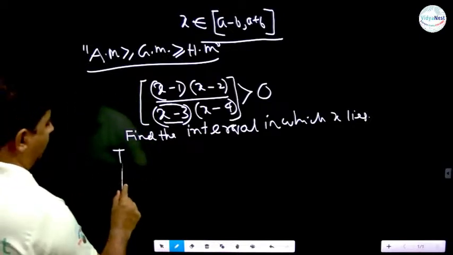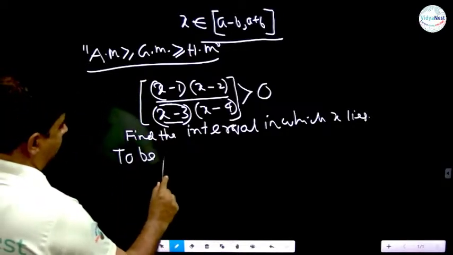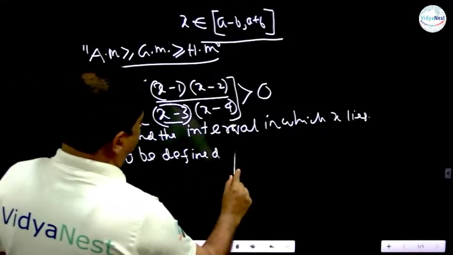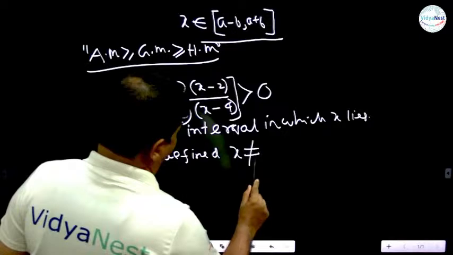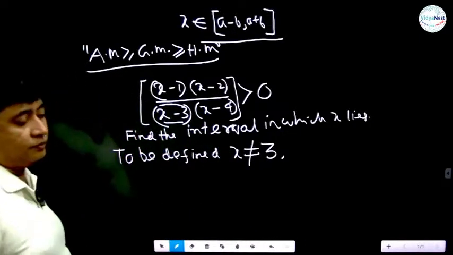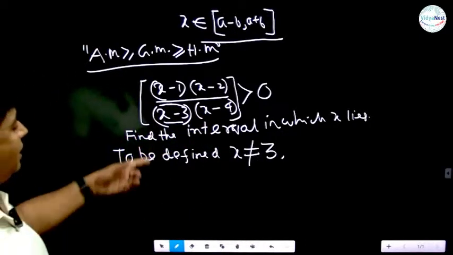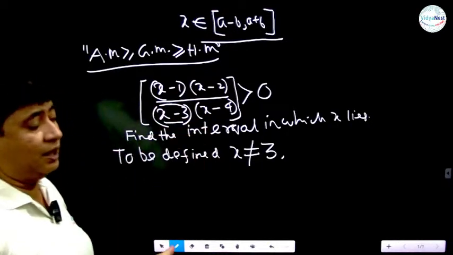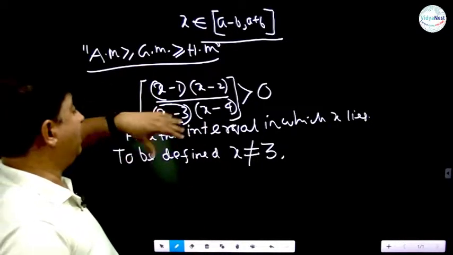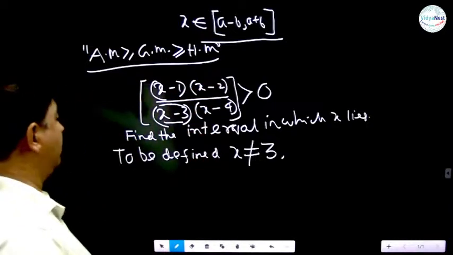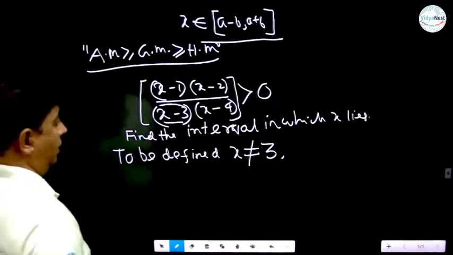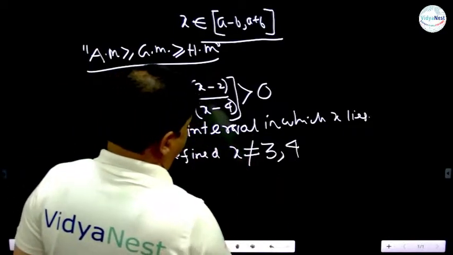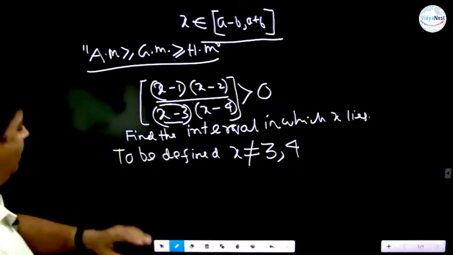So to be defined, x must not be equal to 3, because if we put 3 in place of x, the denominator becomes 0, which will make the whole thing undefined. In the same manner, x must not be equal to 4. So x must not be equal to 3 and 4.